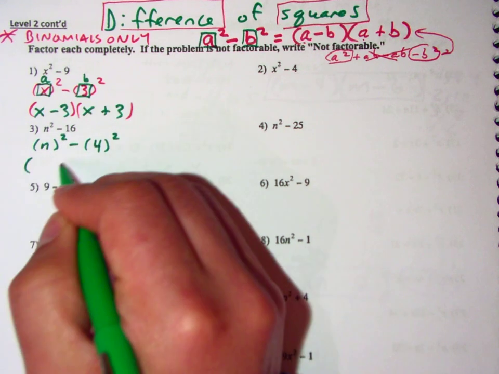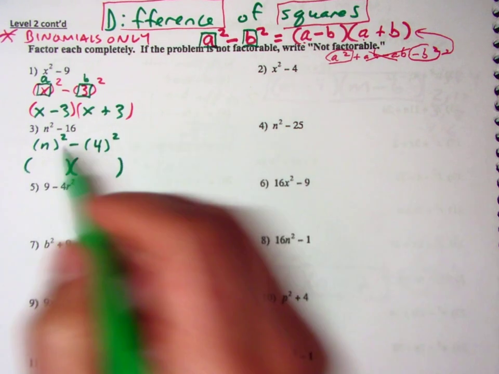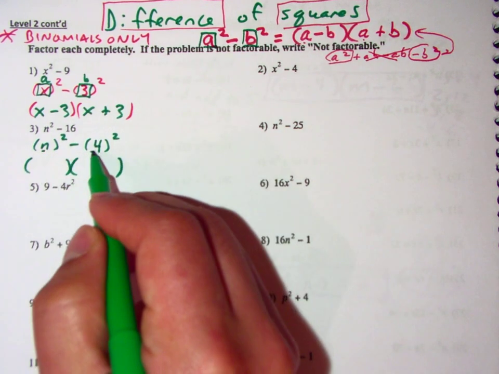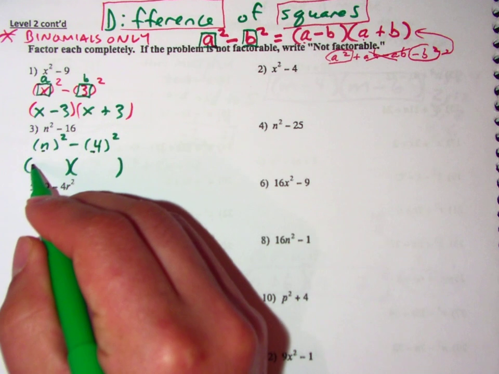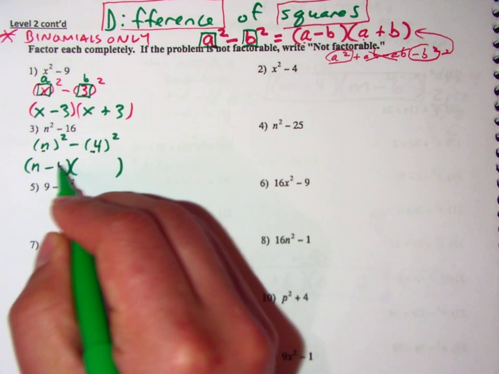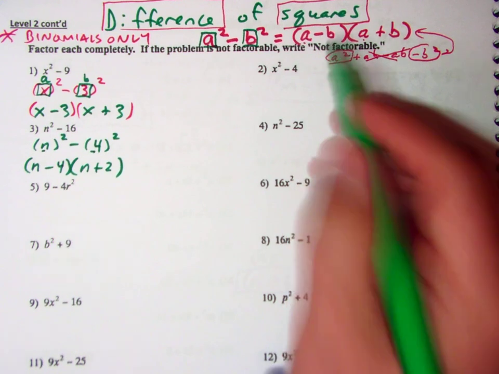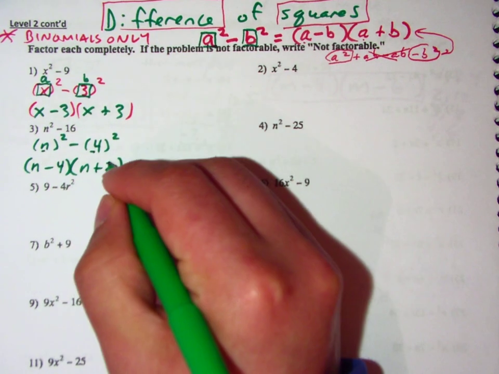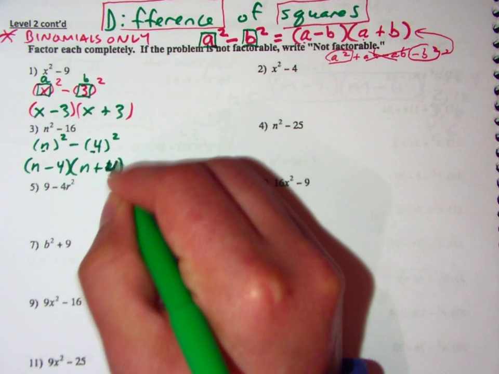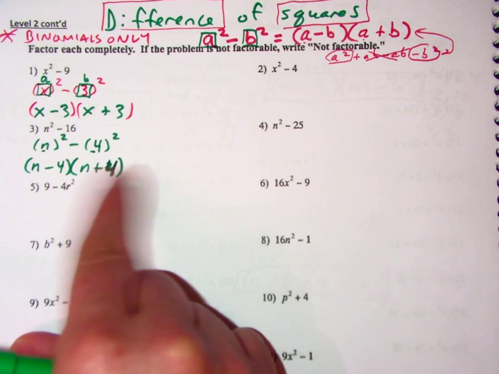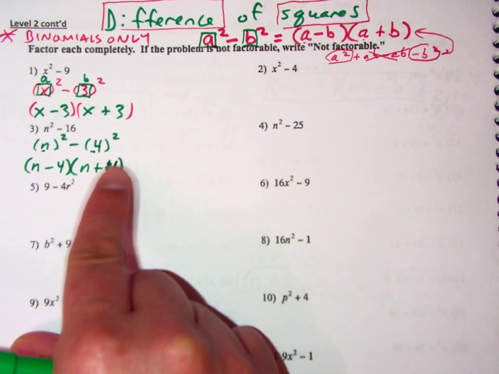And then following the pattern, this is the a, this is the b. You're just going to go n minus 4 and then n plus 4. Sorry, I don't know why I said 2. That should be 4. It's always going to be the same number. One is minus and one is plus. Okay, and that's the difference of squares formula.